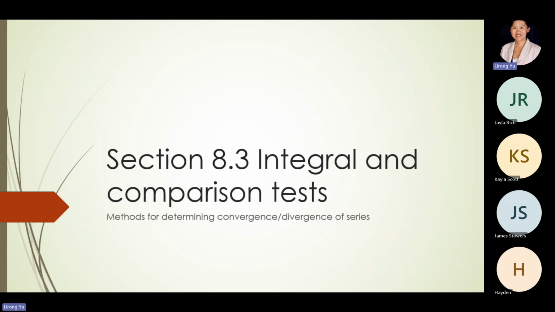There's not a lot of calculus. Maybe some limit ideas. Limit ideas are calculus, but most of it doesn't involve integration. So now we're going to look at how we apply integrals to series, in the integral and comparison test. Okay, so what's a comparison test?